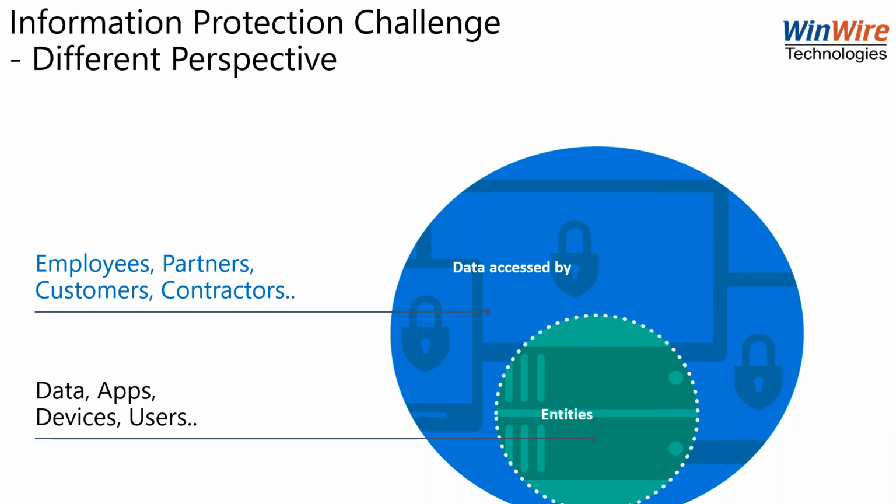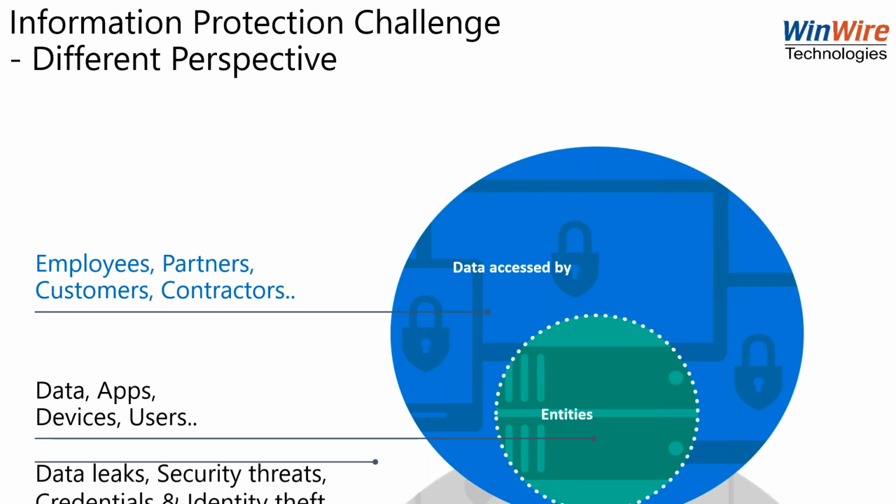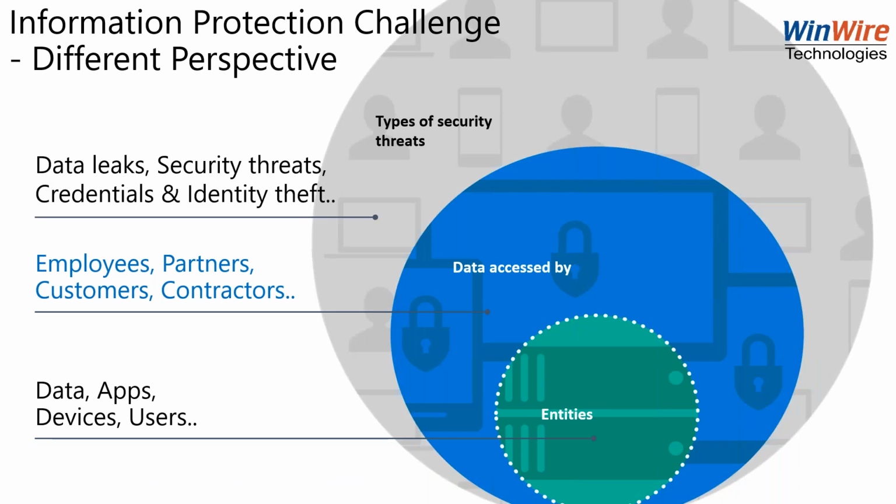Everyone is accessing the data, right? Most of these users are not sitting in your on-prem network. They're all external folks, a lot of them. And that leads to data leaks, security threats, identity theft, credentials theft, and all of these security threats which we are normally not aware of, right?